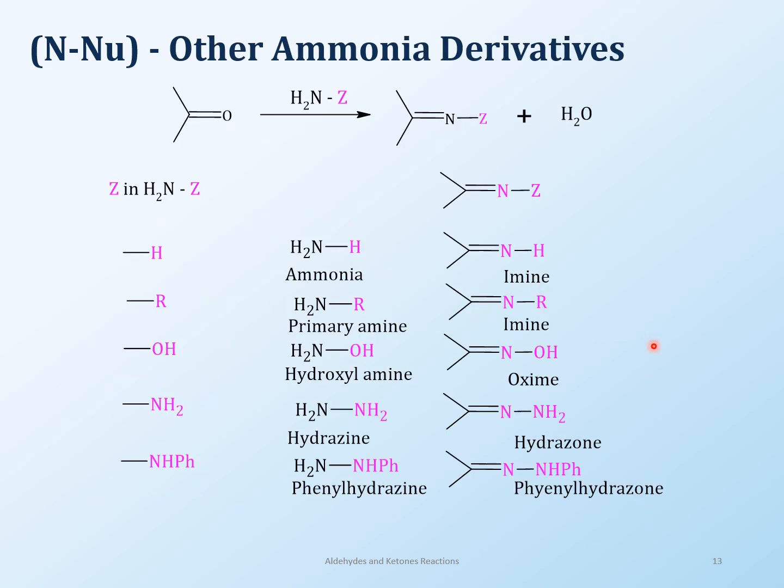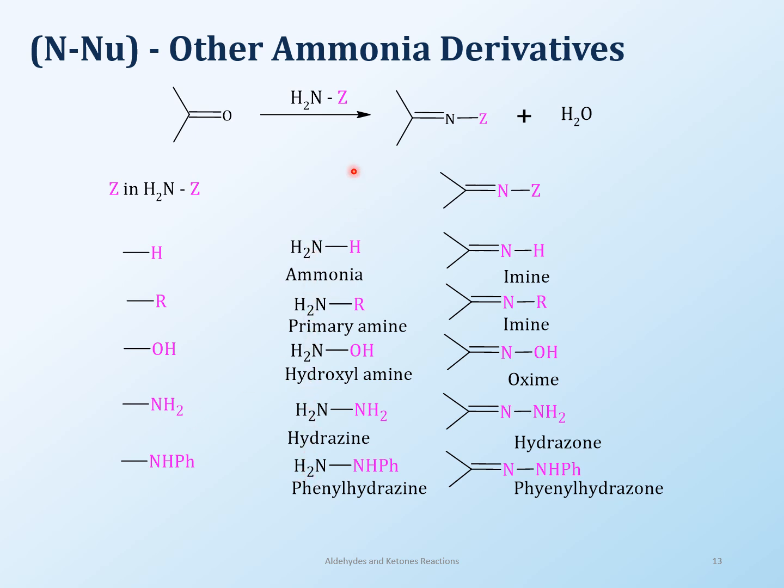So here are a whole bunch of other imines you can form from the ammonia derivatives. Again, color coding here for you a little bit. Here is the nitrogen, and here's the oxygen. This is the carbonyl, and once you add the nitrogen to it, this is where it goes. You need to have the two hydrogens because you need to remove the water. In all of these, you will see that I have NH2, NH2, NH2, NH2.